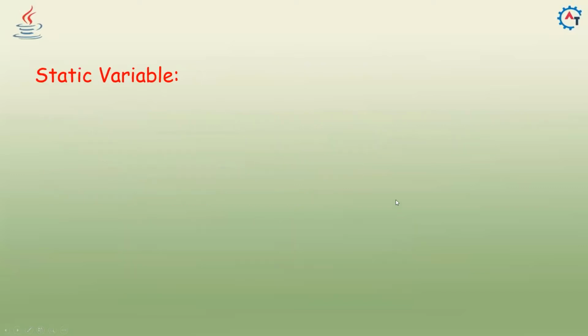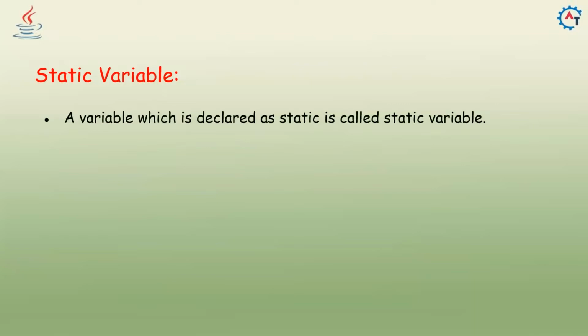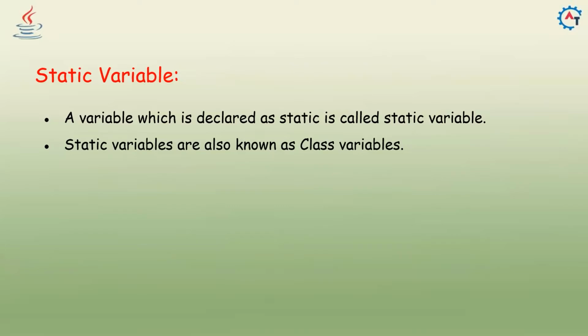Moving towards the static variable. A variable which is declared as static is called a static variable. Static is a reserved keyword. If you use that static keyword, then it becomes a static variable. Static variables are also called class variables.